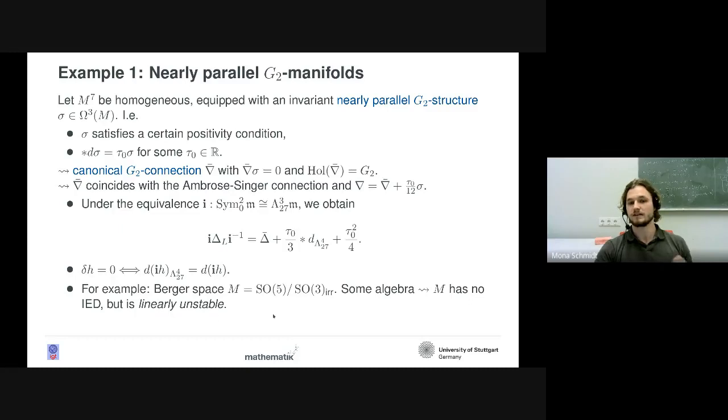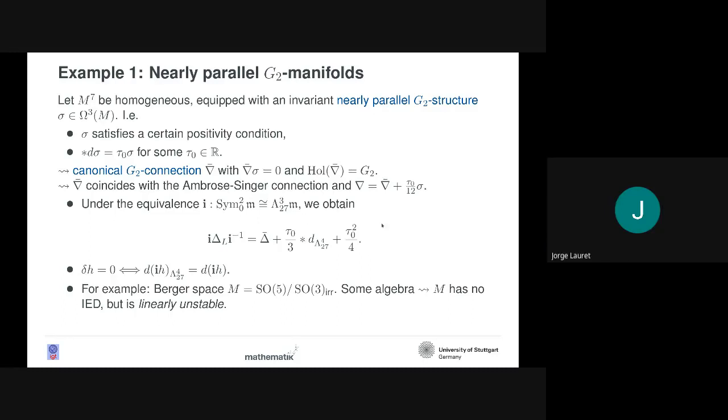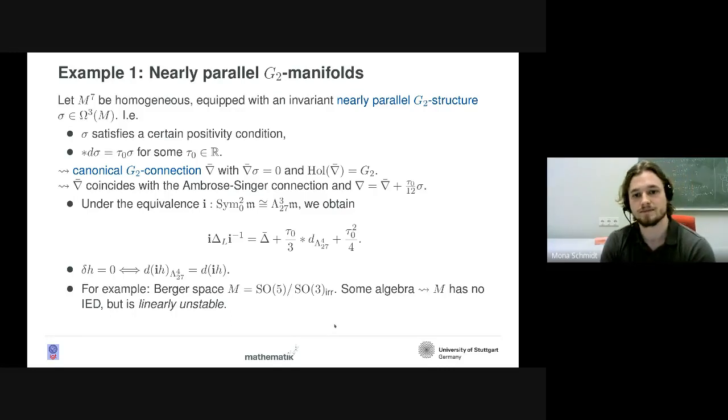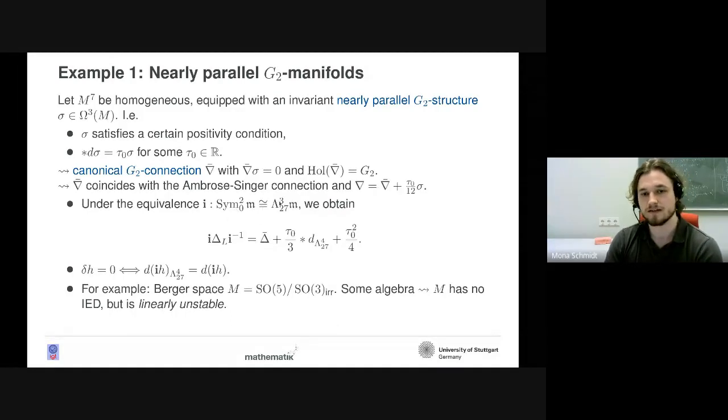Meaning there are TT tensors on this space with a small eigenvalue of the Lichnerowicz Laplacian. So you can compute explicitly the minimum eigenvalue. Yes, it's possible. This passing to another bundle is just a little trick to make the computations easier. It's not generally needed.